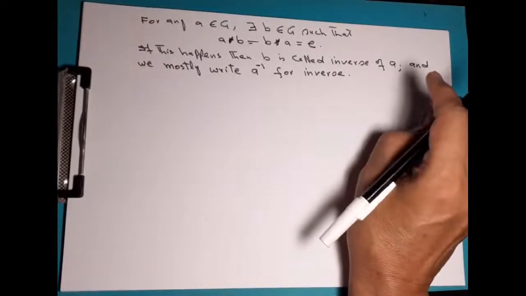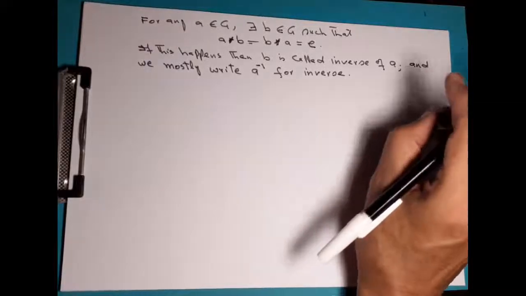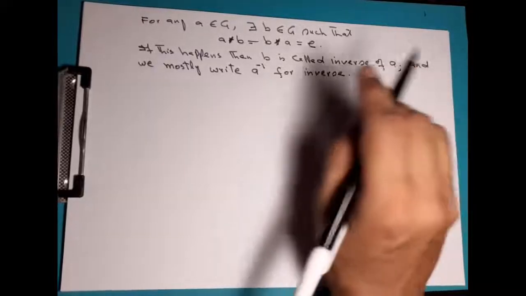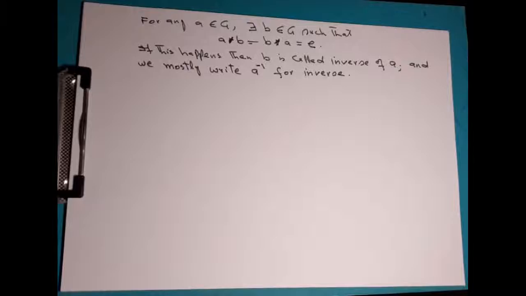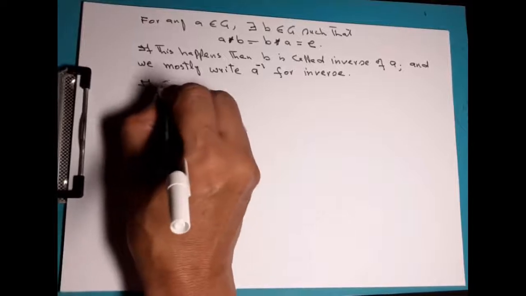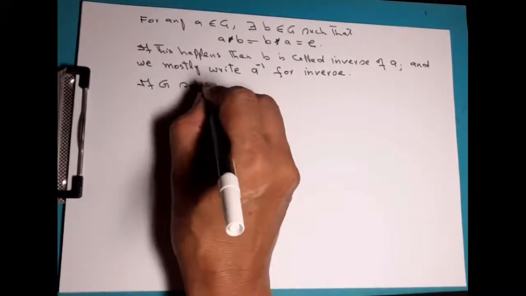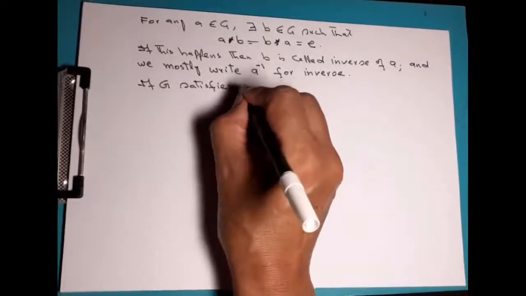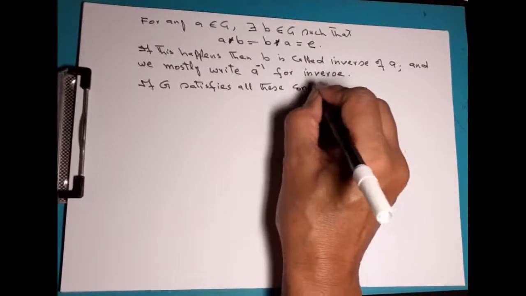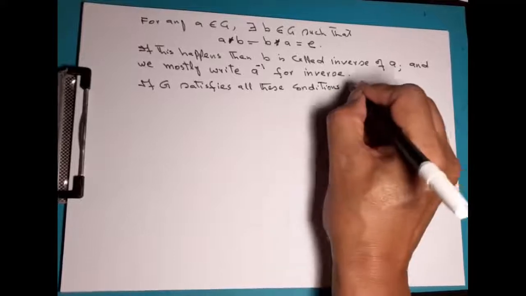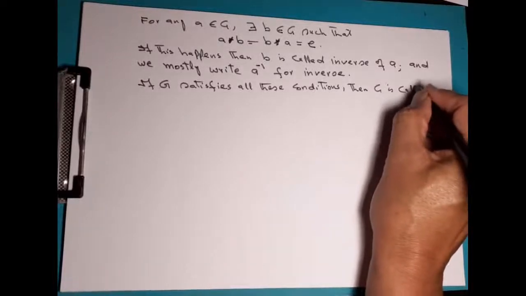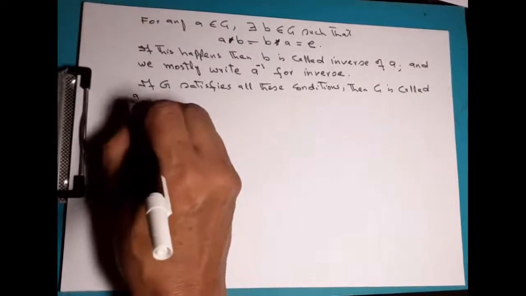Then there must be an identity element, and then inverse of each element must exist in G. So if G satisfies all these conditions, then G is called a group.